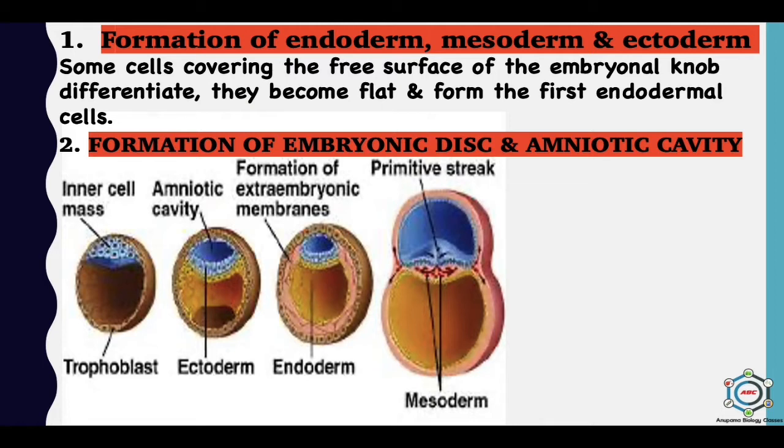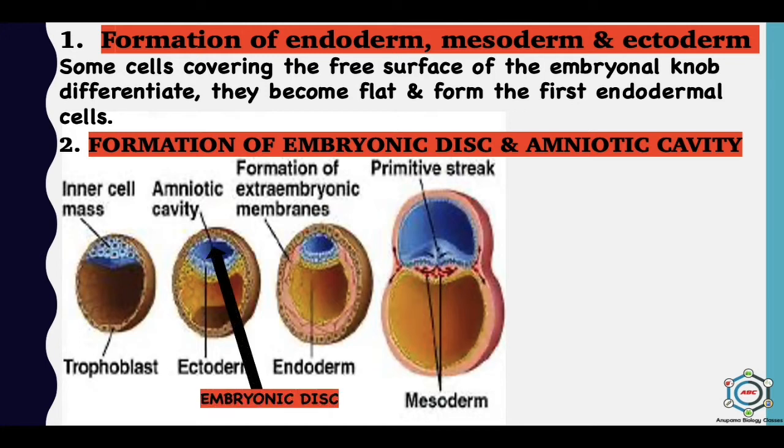So, the blastocyst grows in size by absorbing uterine fluid through the trophoblast. With the growth of the blastocyst, after the formation of endoderm, the embryonal knob is stretched and its cells become columnar and come to lie as a regular layer which is called the embryonic disc.